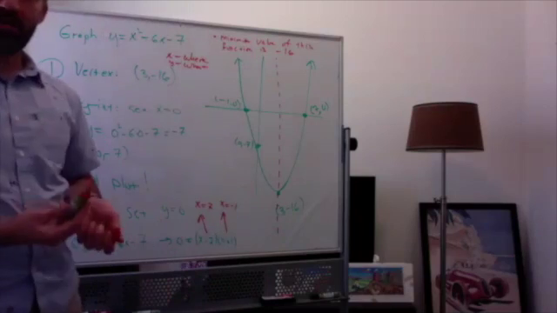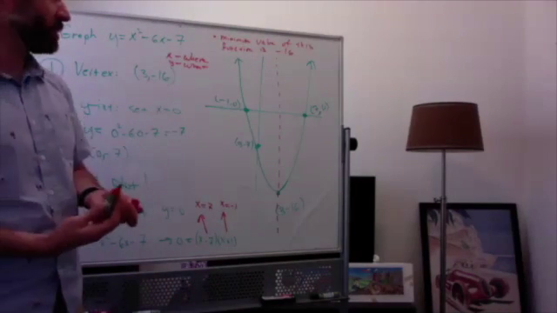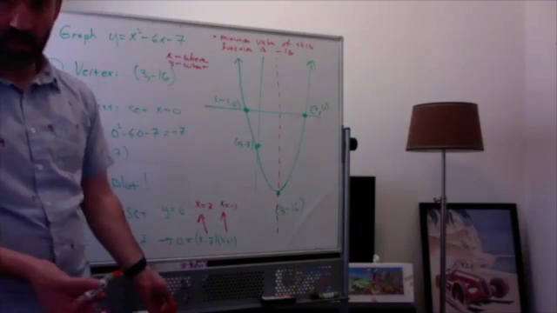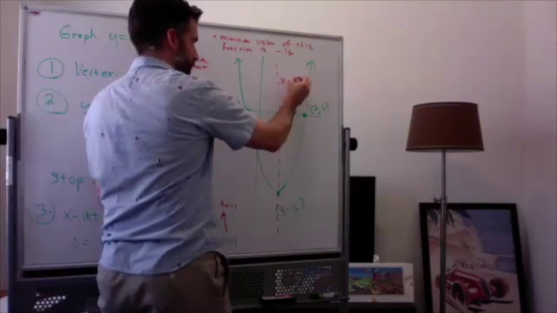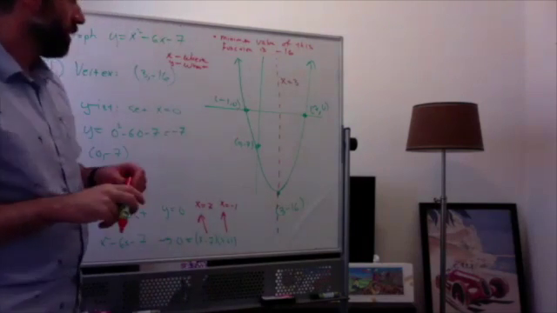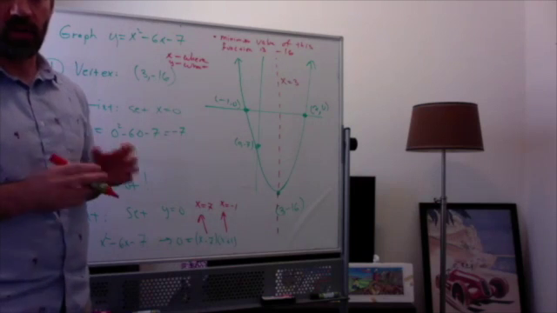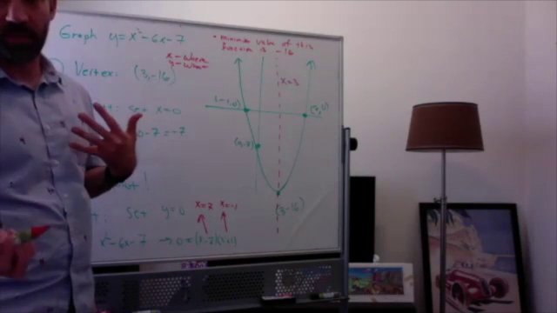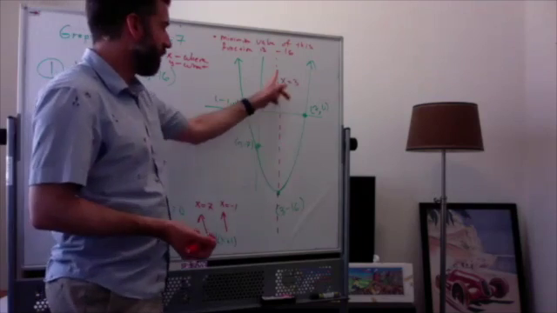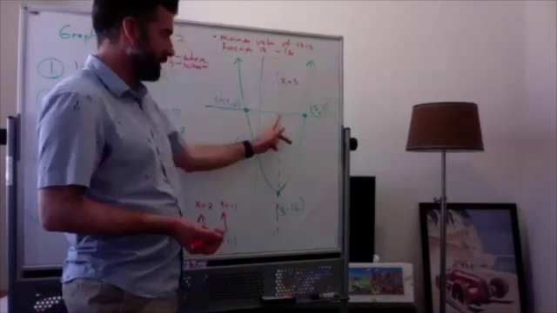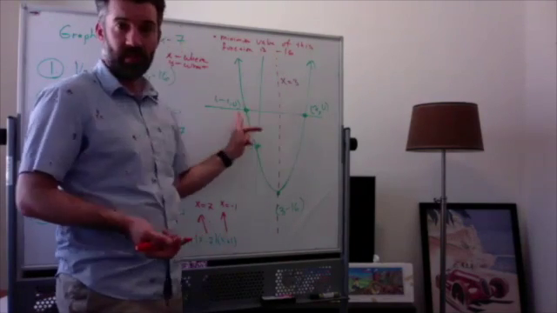There's always an axis of symmetry, and it always goes through the vertex. So the axis of symmetry here is the vertical line, x equals 3. And the thing that I think is really worthwhile, because it helps me know if I've got my intercepts right, is that from the axis of symmetry, the intercepts should be equidistant on either side.